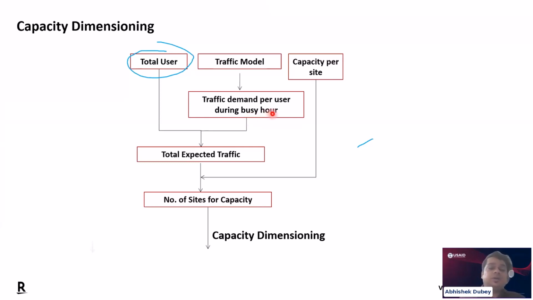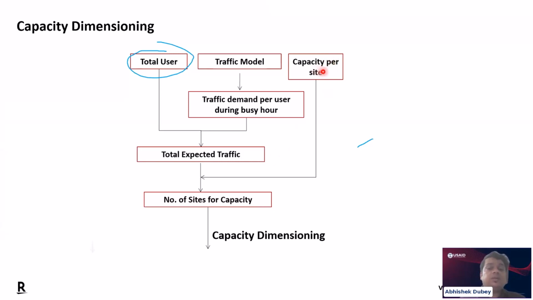That is very important. Once you calculate this traffic demand in the busy hour, and you have already got the total users, you can easily calculate the total expected traffic for the same area we are discussing.